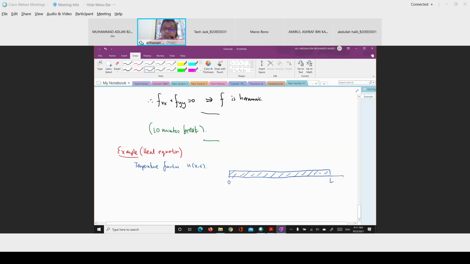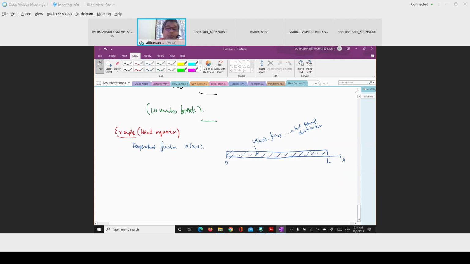This is the x-axis, x is from 0 to L, and t is time. Initially, when t is 0, this is called the initial temperature distribution.